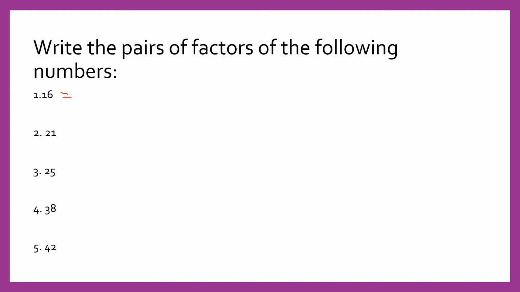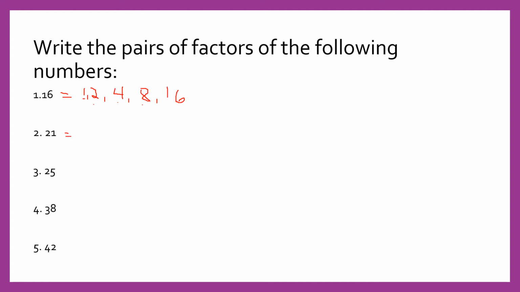Let's review first. The factors of 16: if you are going to list it down, we have 1, 2, 4, 8, and 16. Why? 1 times 16 is 16. 2 times 8 is 16. 4 times 4 is 16. Get it?